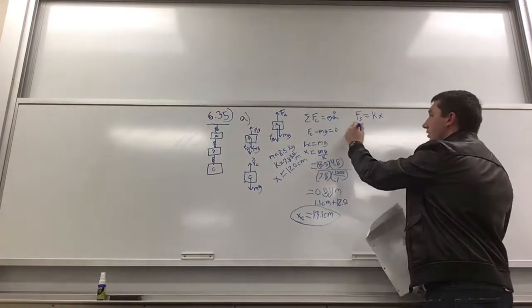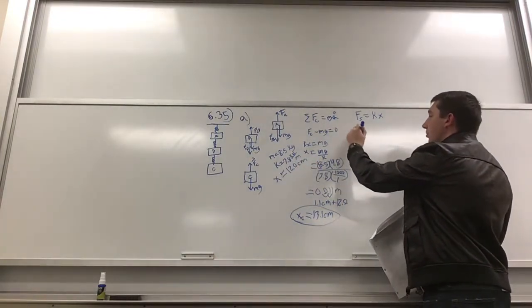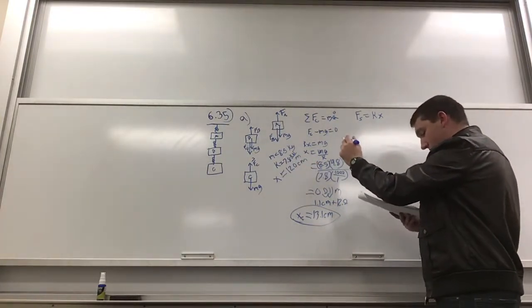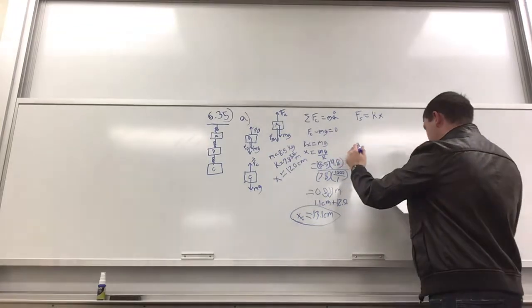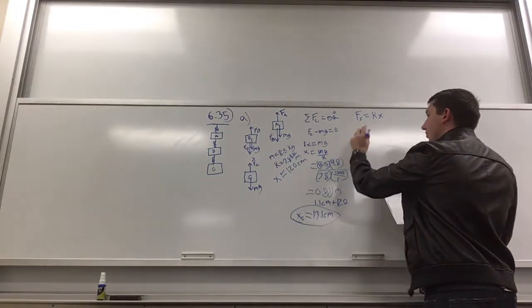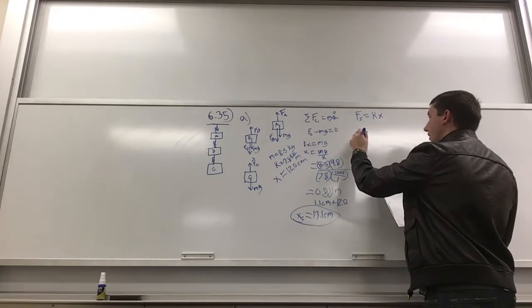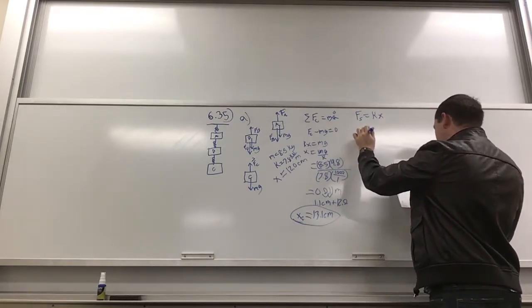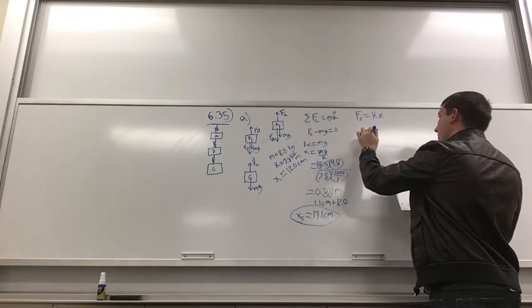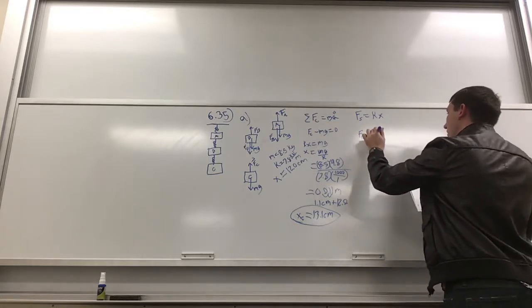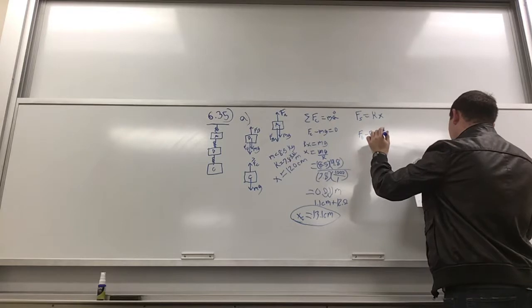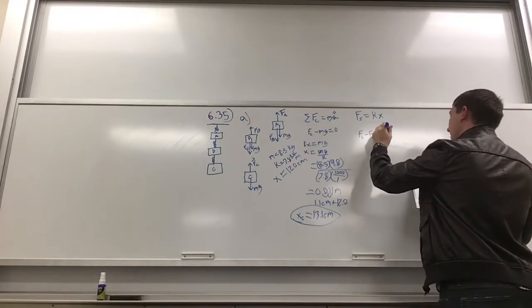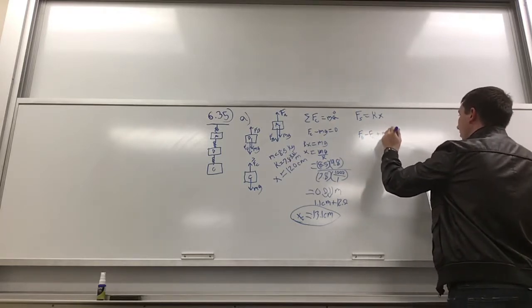So the equation for those is going to look something more like this. The force of spring B minus the force of spring C plus mass times gravity is going to be equal to 0.